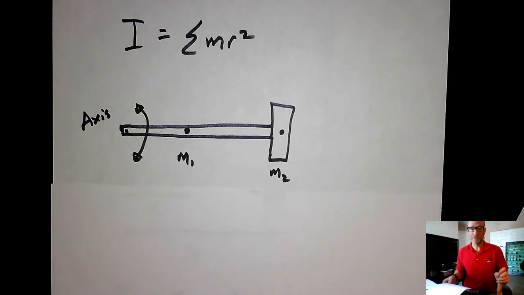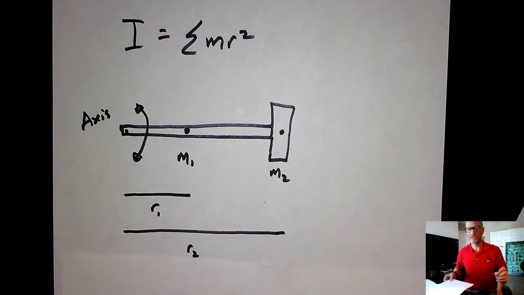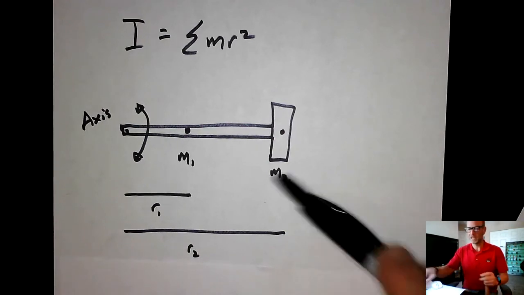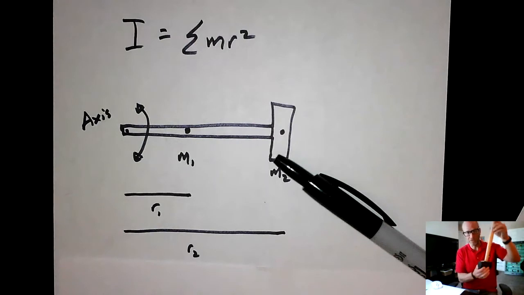To figure out moment of inertia mathematically, I would measure the distance to each mass. It's easier to think of the distance to the second mass, because that's out at the end. This is a single mass, if you will. We can represent this whole mass with a single point, but in reality, we'd actually have to measure where all these point masses are that make up the entire handle. That's a different thing.